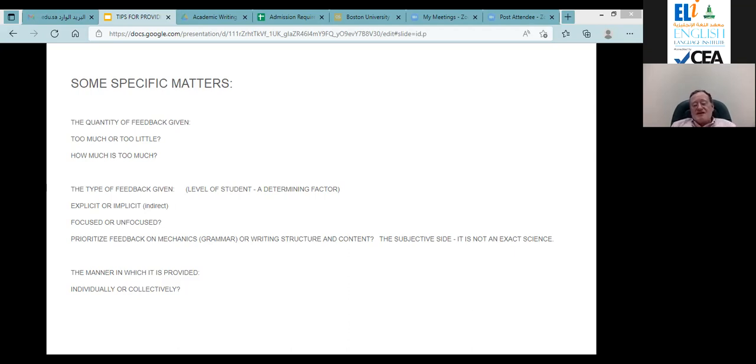And focused, unfocused. Do we focus on certain mistakes, ones that frequently appear, or do we mark all of them? Again, level comes into play.